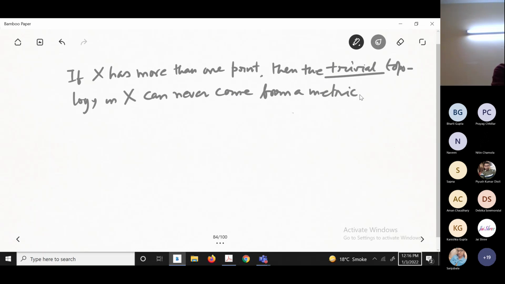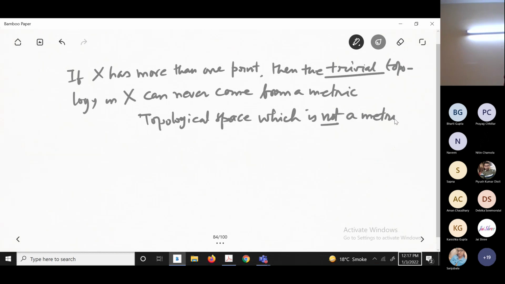You will get many more examples later on. So first you get an example: you have a topological space which is not a metric space.